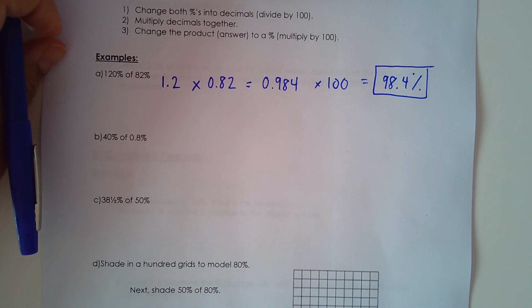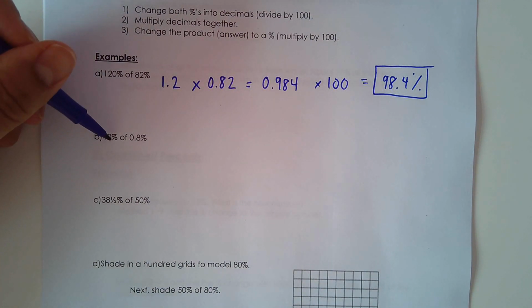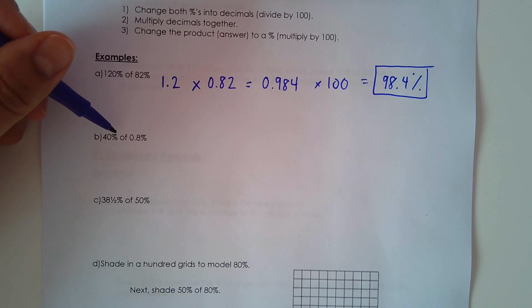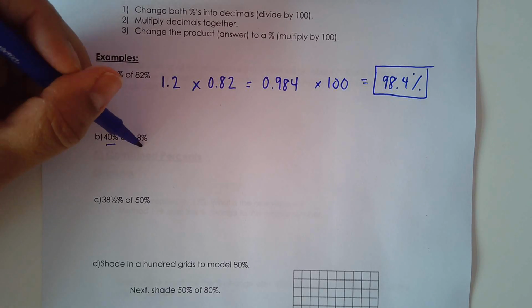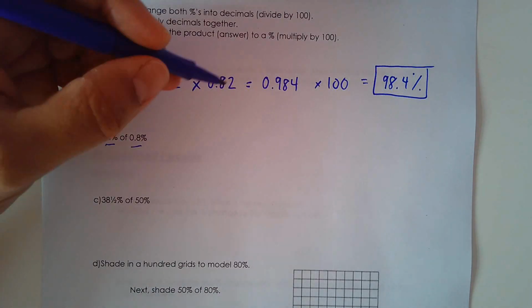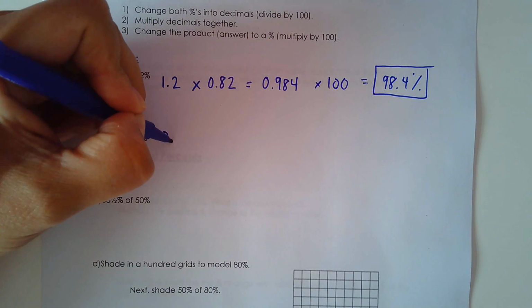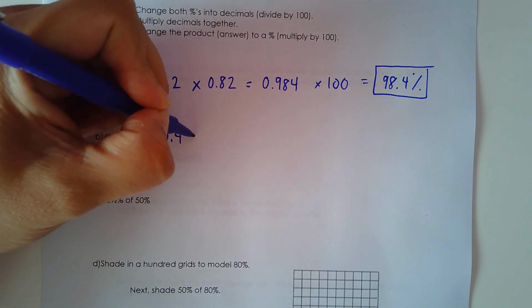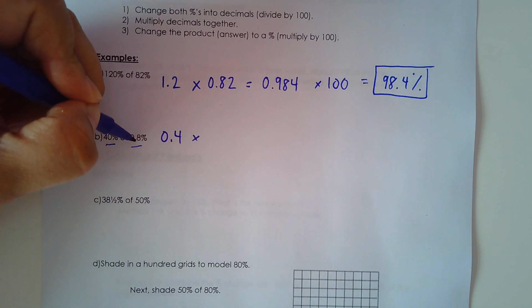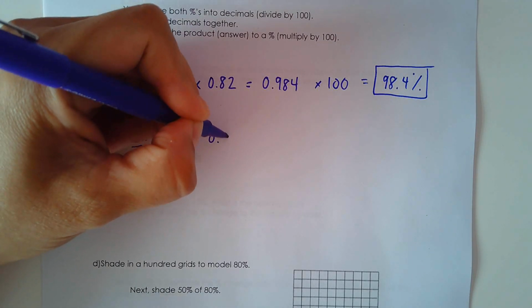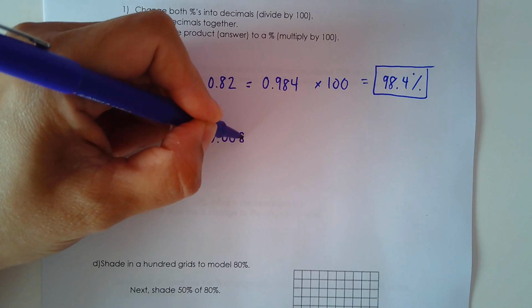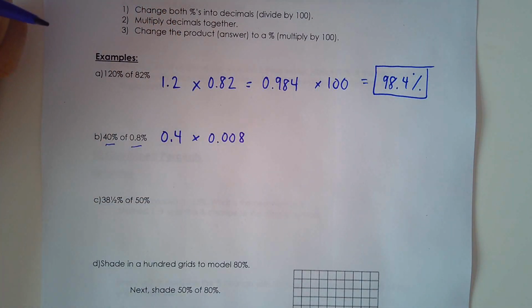Example B, what is 40% of 0.8%? So step 1 is to change both of these percentages into decimals. So 40% becomes 0.4. 0.8%, so we divide it by 100, we move the decimal over 2 spots, becomes 0.008.